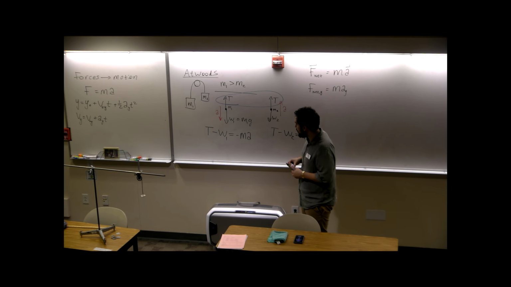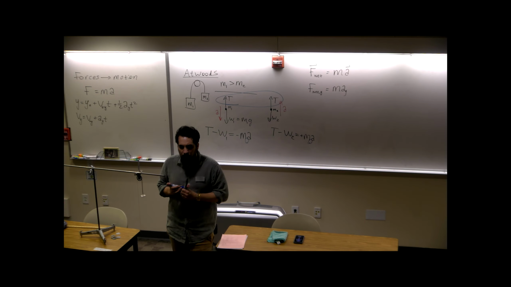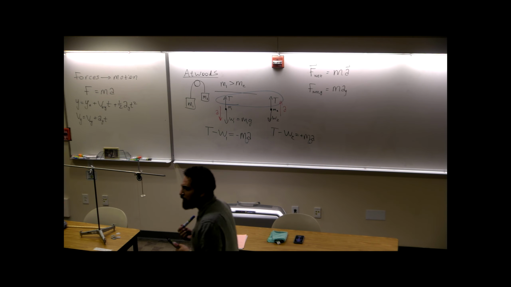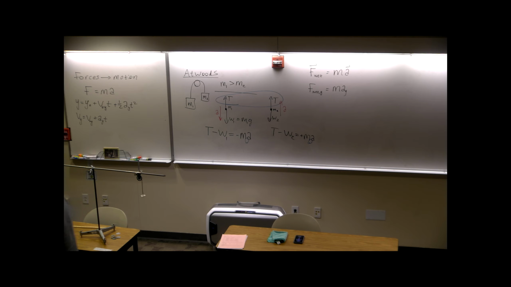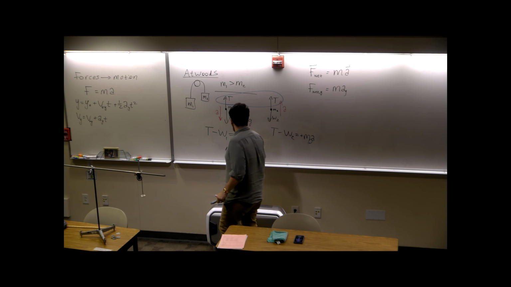Now, there's something missing. What mass are we talking about here? Right, I just put in M. I didn't specify what mass. So we look at the left equation. Tension minus weight 1 is equal to negative what? M1 or M2? M1, absolutely. So you say tension minus weight 1 is equal to negative mass 1 times acceleration.